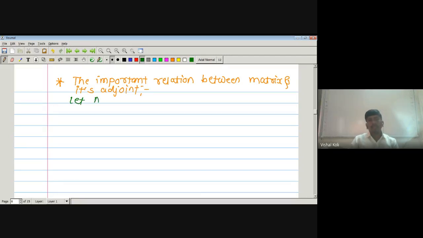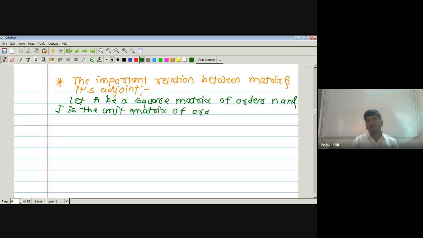Let capital A be a square matrix of order n, and I the unit matrix, that is the identity matrix, of order n.